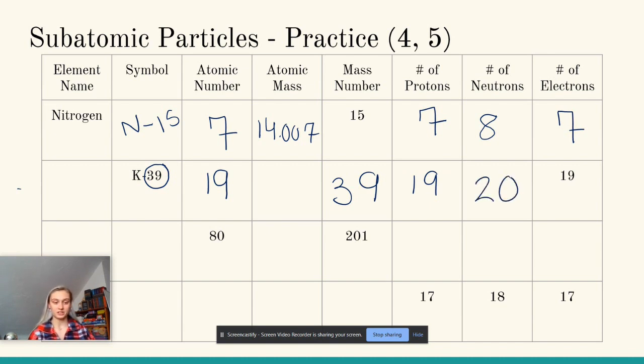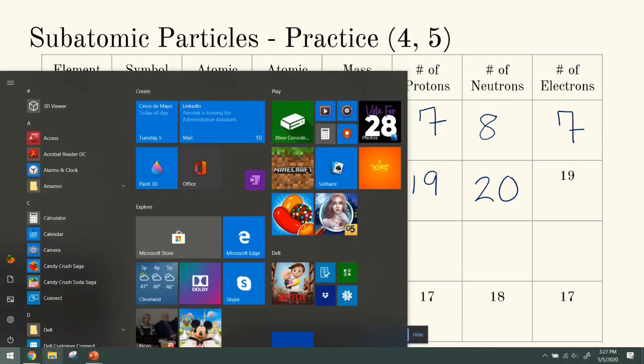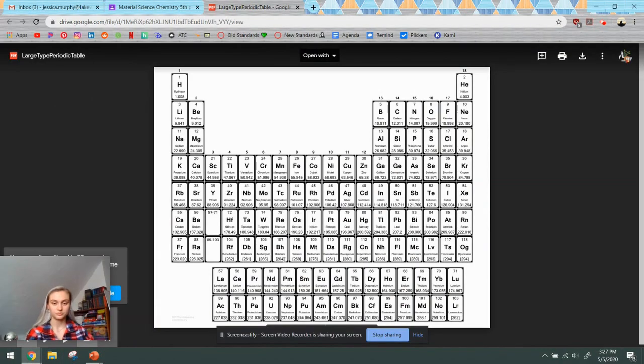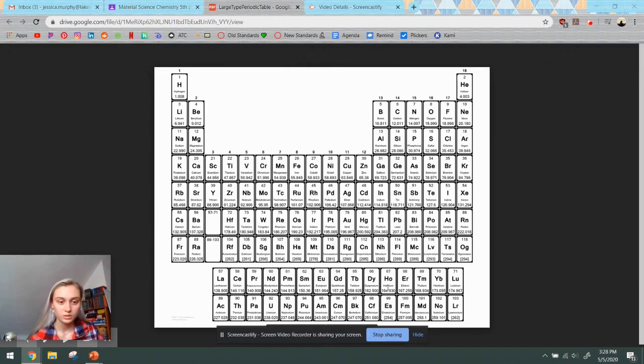Now we have to go to the periodic table. So let's open up our periodic table to get our element name and our atomic mass. So let's see if we can find K. Okay, found it. So K is right here. It looks like the element name is potassium.